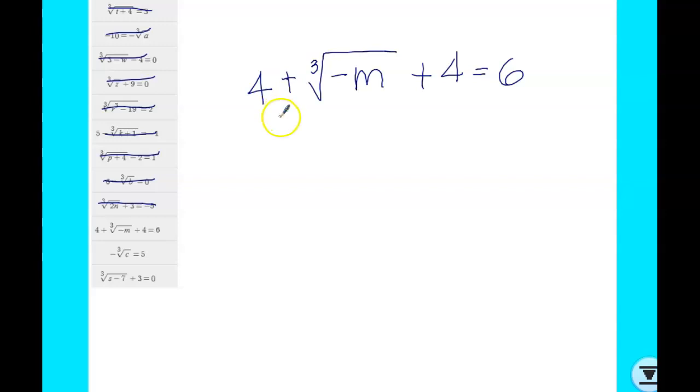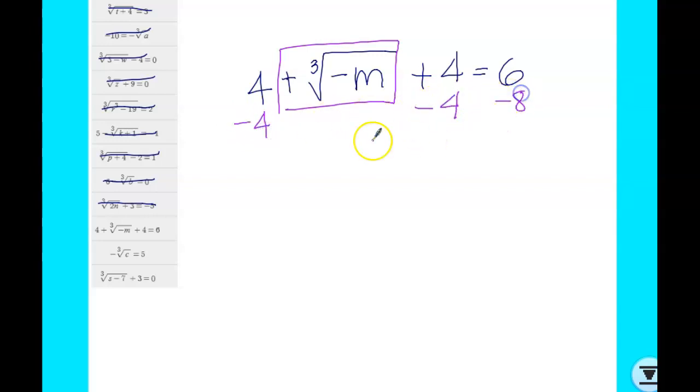All right, next one, we've got 4 plus the cube root of negative m plus 4 is equal to 6. First step, we want to get this on a side all by itself. So we're going to subtract 4 here, and we're going to subtract 4 here.